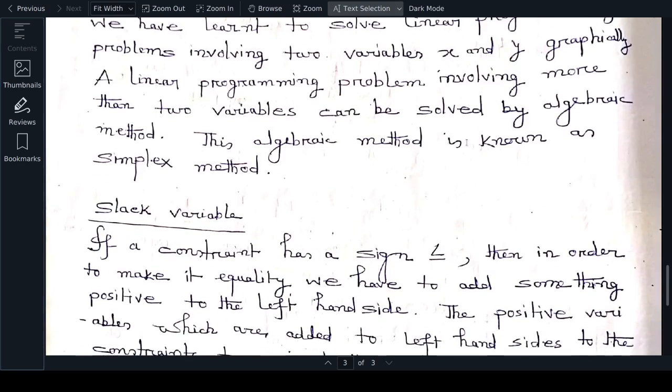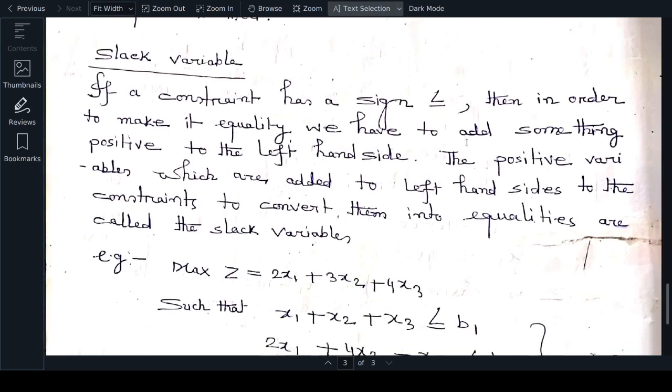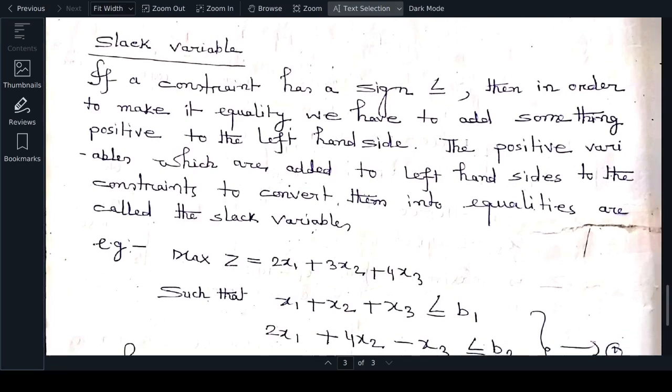What do you mean by slack variable? Because you see, in graphical method, in a constraint, suppose less than or equal to or greater than or equal to is given, then quickly what we do, we make it equality. When we make it equality, this is a straight line because this is two dimensional. So this is a straight line equation.